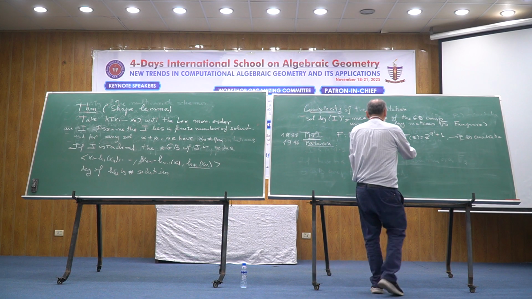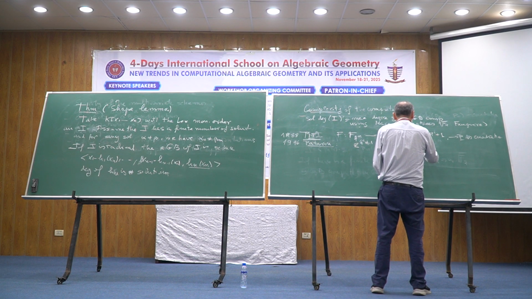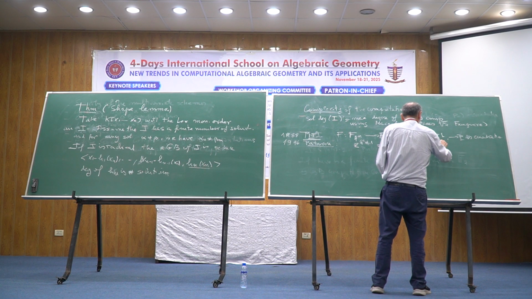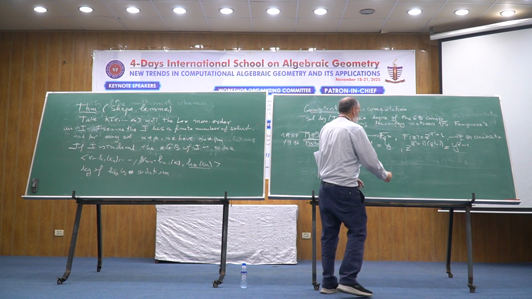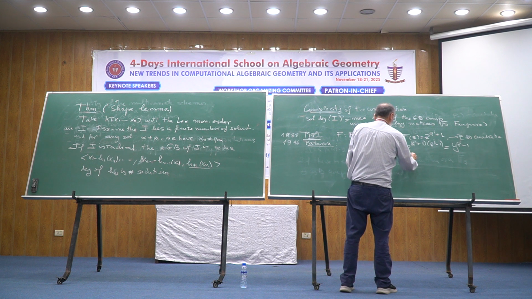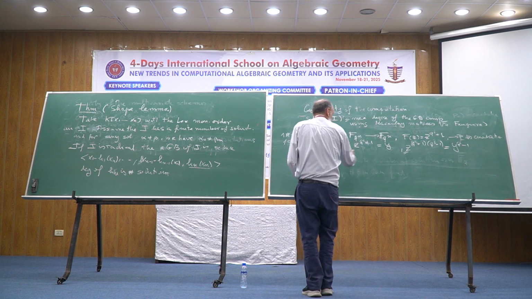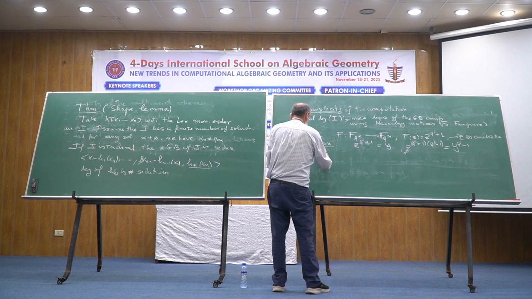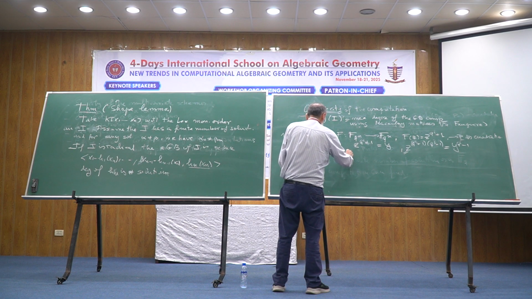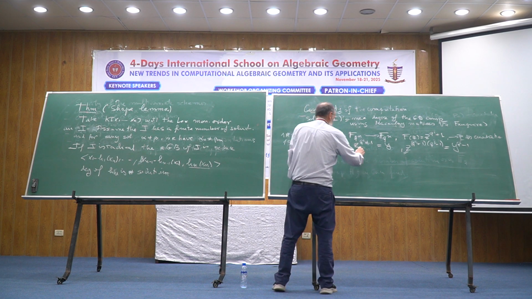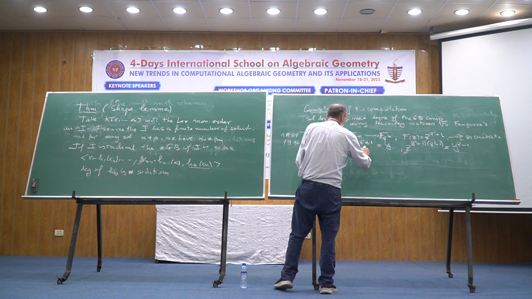So we get z^(q^i plus 1) to the q^i minus 1, and you multiply: this is z to the q^(2i) minus 1, equal to y^(q^i minus 1).